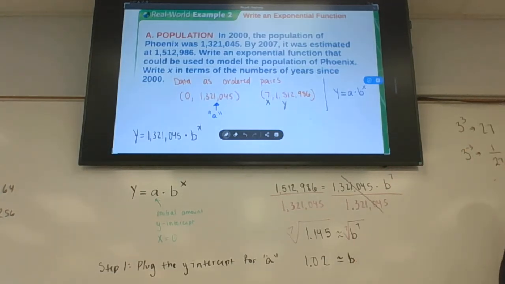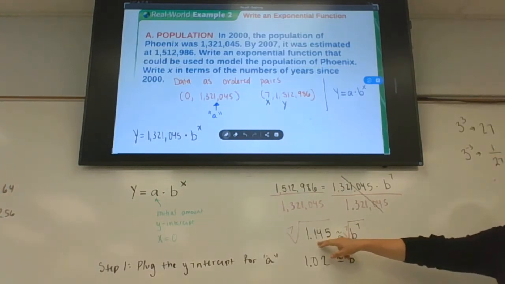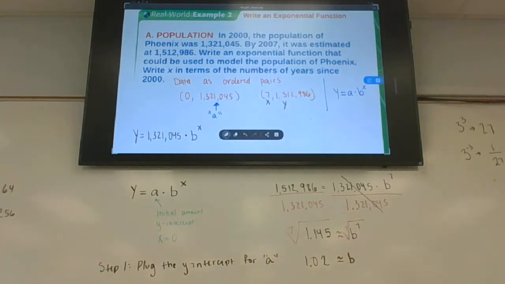Were you able to pull in the exact decimal? Did anybody just put the 7th root? Does anybody need help 7th rooting? Hit that first, and then go second.